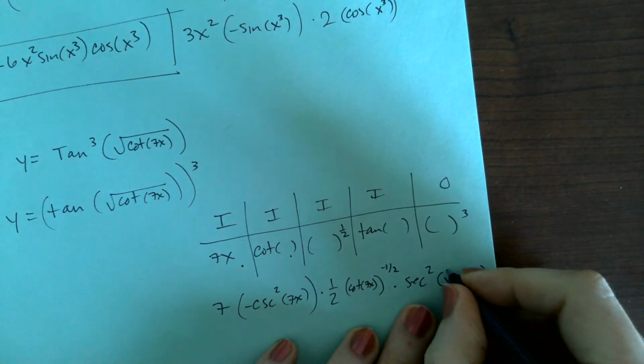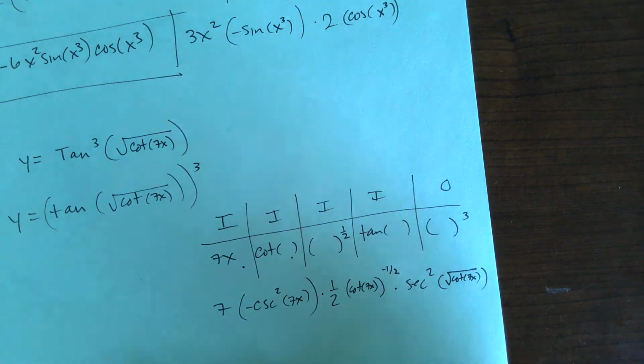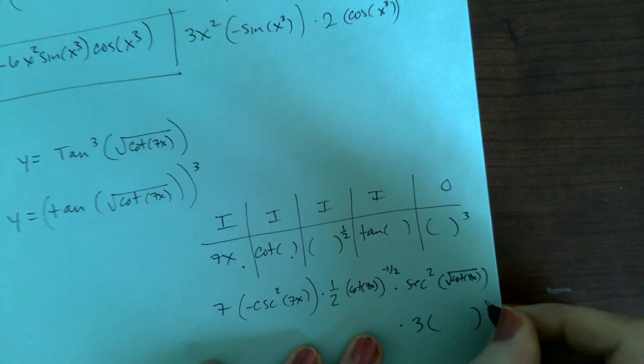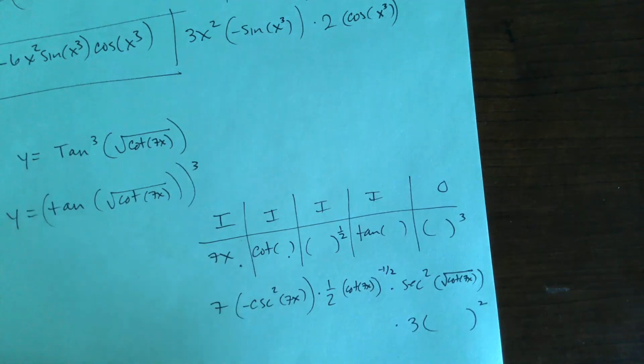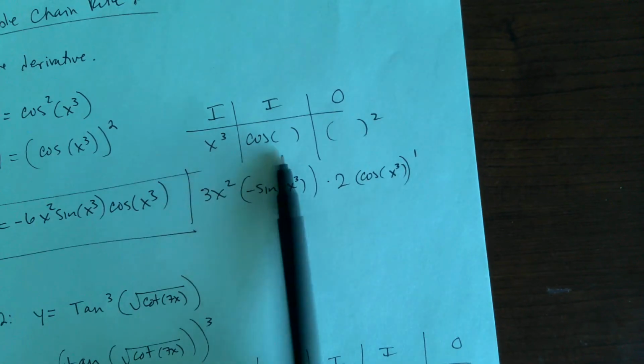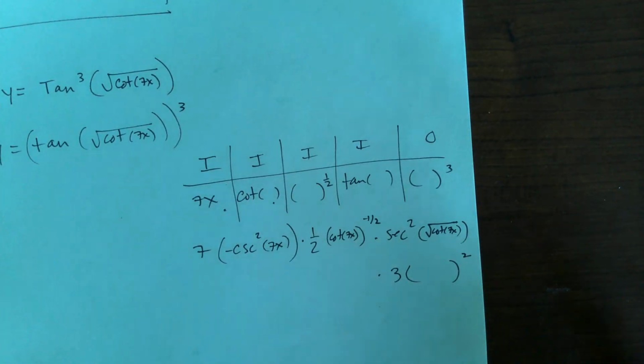So I'll put it back like that. And then times the derivative of this, which is 3 blank squared. And guys, let me just say, there's usually not this many insides. Usually the most we do is a double chain rule. I've never seen anything more than that on an AP test, I don't think.